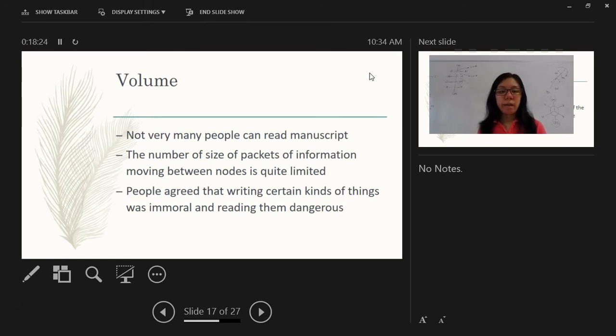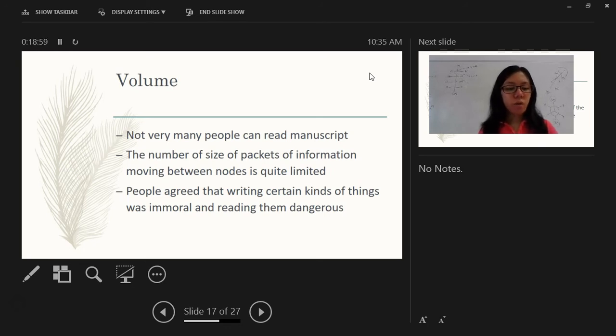In the manuscript era, not very many people could read manuscripts, because literacy training was scarce, and also because there was no technology to copy manuscripts; all the copying was done manually by hand. So it was very hard to copy a manuscript and have it read by all people.